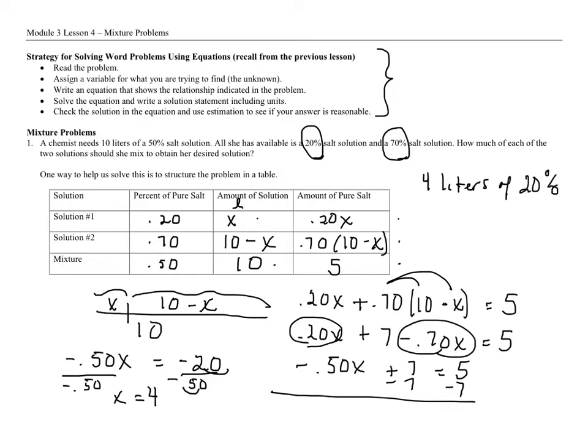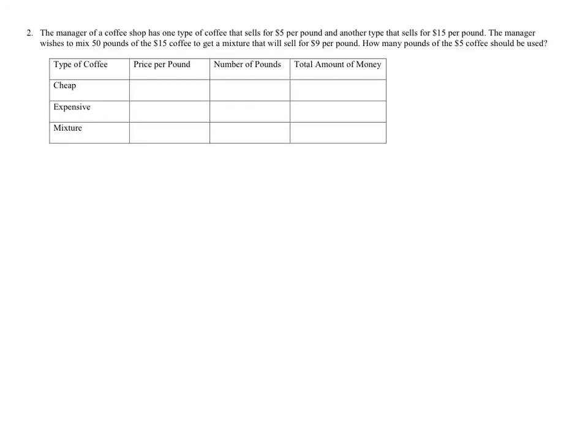And then how many of the 70% is going to be 10 take away 4. So it'll be 6 liters of 70%, because remember this 6 comes from the representation here of 10 take away x, and we figured out that x was 4. So there you have it for the mixture problem. Let's do another problem.